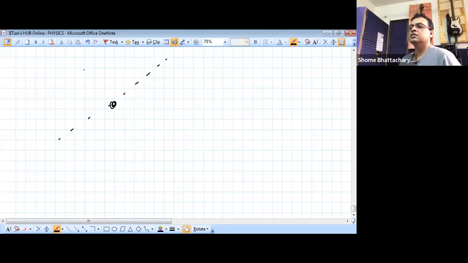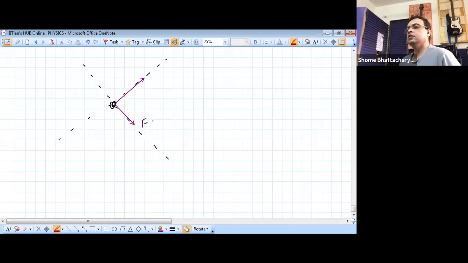This is our x and this is our y axis. Now see that instead of f, we will show the two components of f, which are up the inclined plane and normal to the inclined plane.